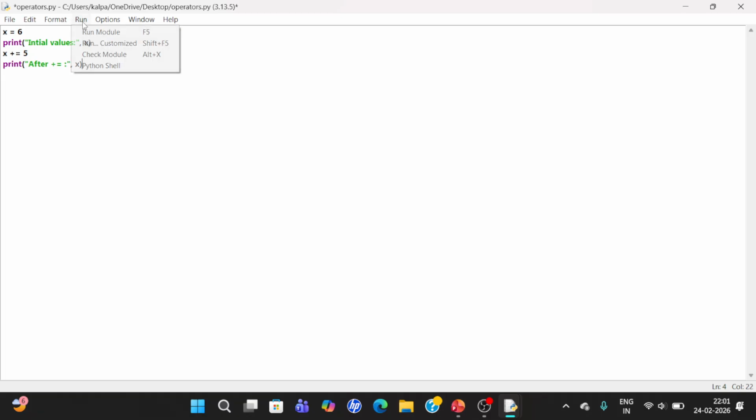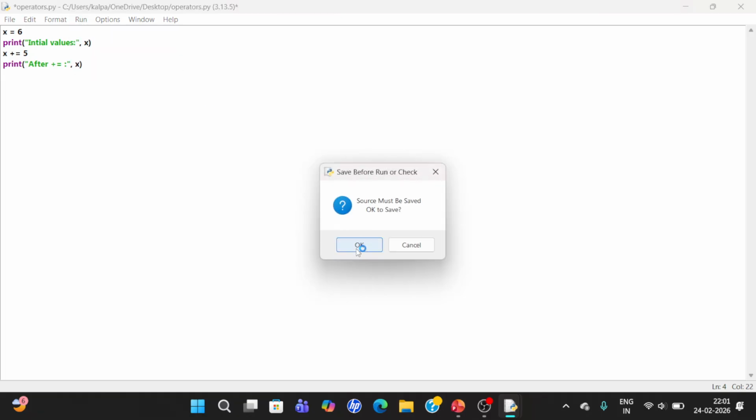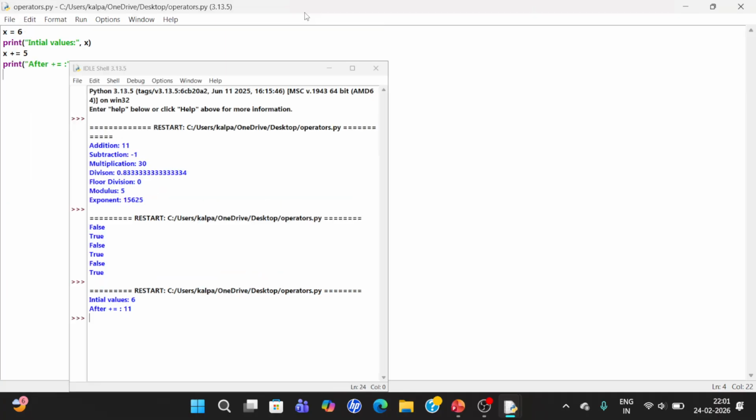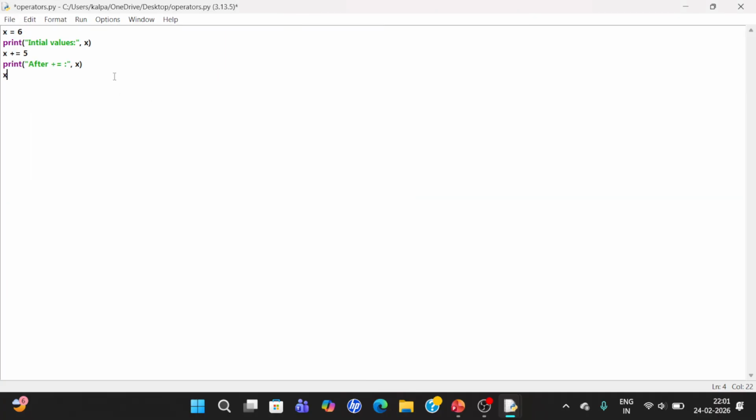Let's see what we get. Yes, correct. Here after plus equals we get 11. Next, x minus equals 5.